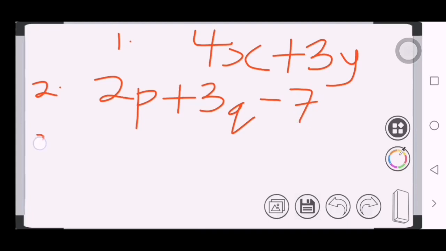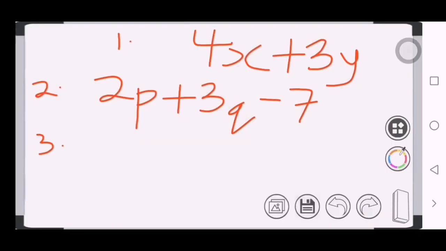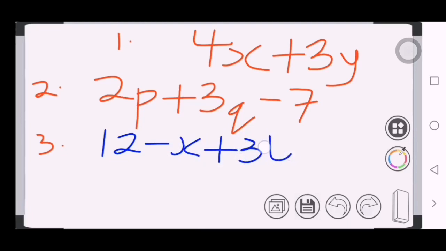Our number 3, we have 12 minus x plus 3t. There's a bracket all around them.